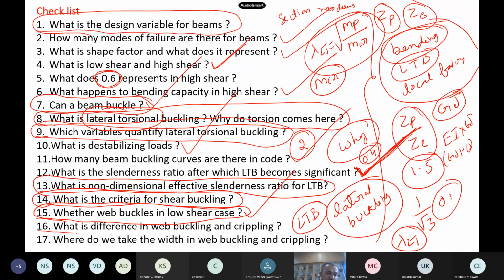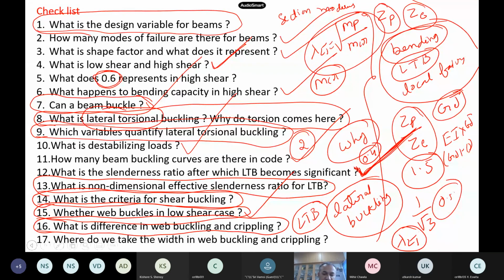Now, what is the difference between web buckling and web crippling? Are they the same, or what is the difference between the two? More force is required for crippling. That is fine. But where does web buckling happen?